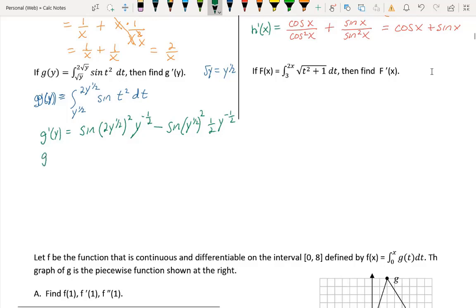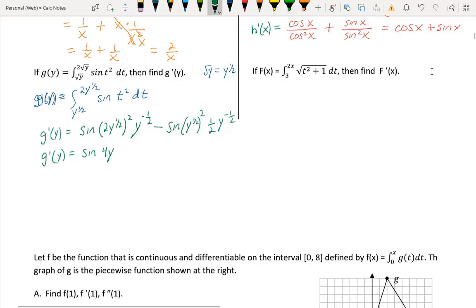So this would be g prime of y equals, now when I square 2y to the 1/2, I have to square the 2, which is going to be sine of 4 y to the 1/2 squared. Oops, I wrote x, but I needed y back here. You multiply the exponent, you get 1, so that's sine of 4y.